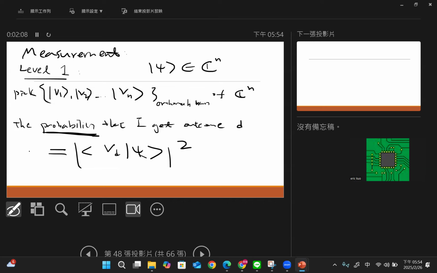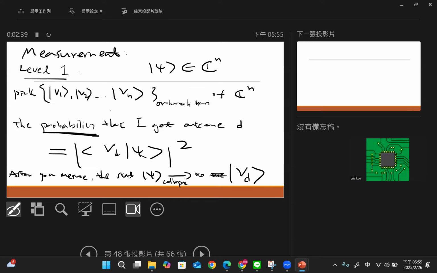And this is not the end of the definition. The crucial part is that after you measure, the state psi will collapse to vd. So what this means is that you do the measurement, and for each d you get some probability.